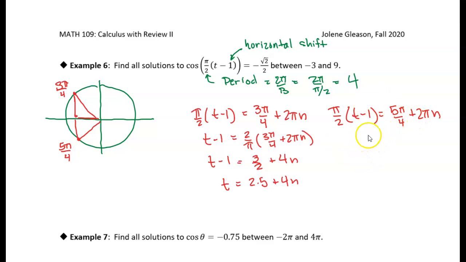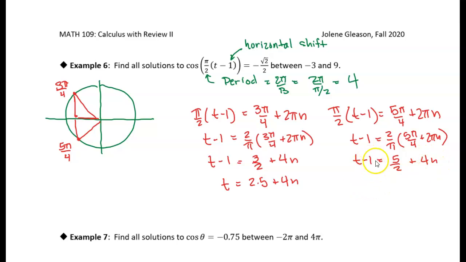Now I have this other solution here, and I can just do the same thing. I get t minus 1 is equal to, again multiplying by the reciprocal, 2 over pi times 5 pi over 4 plus 2 pi n. Then distributing that, I get t minus 1 is equal to 5 halves plus 4n.